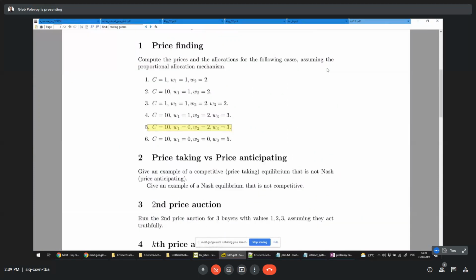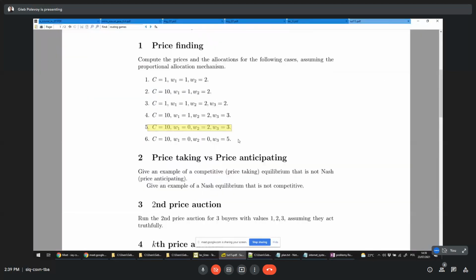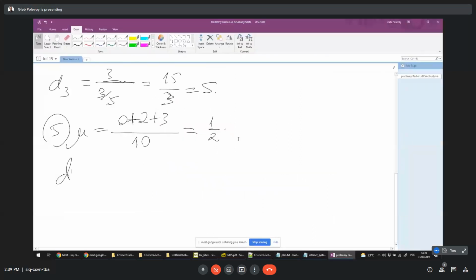Now, the allocation player 1 obtains is 0, because her bid is 0. So D1 is 0 divided by something not 0, which is 0.